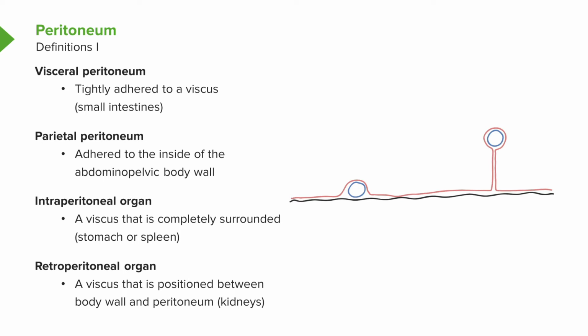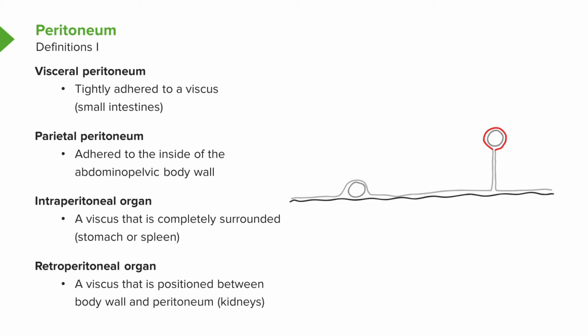In this diagram, we can see this region around here would be visceral peritoneum that's tightly adhered to the small intestine. Parietal peritoneum is what is adhered to the inside of the abdominopelvic wall.